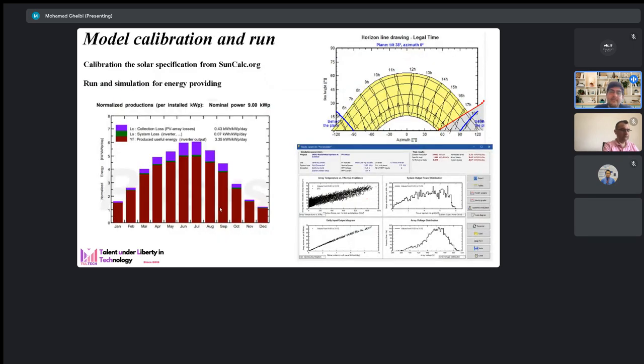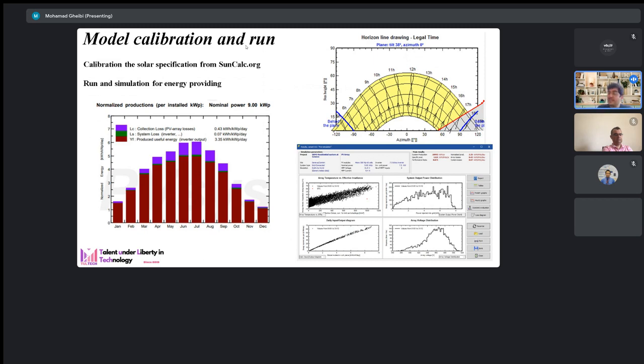Okay, here, after finalizing everything, in this picture you can see a website, which we will share with you. In SunCalc, you will have the altitude and azimuth of the sun for the location where you want to design your system.